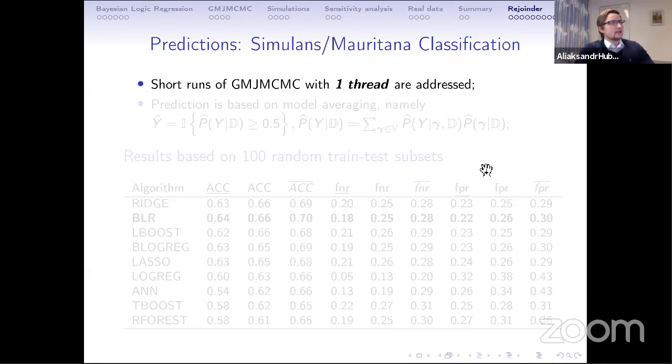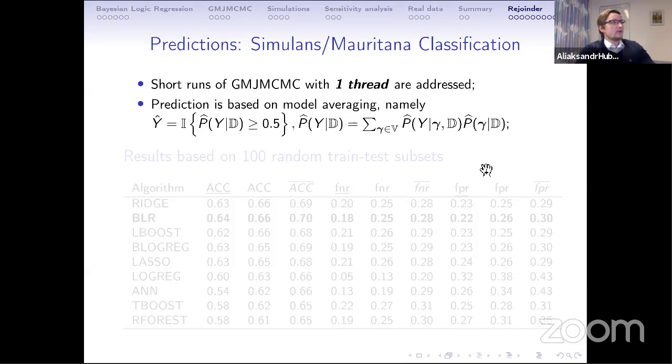Finally, we predicted a classification of two species of Drosophila. Particularly, we differentiated between simulans and mauritiana species. We ran here one thread only of the GMJ-MCMC algorithm and used Bayesian model averaging of individual posterior probabilities on the test data for predictions.